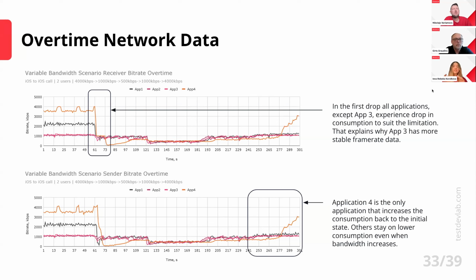And once the limitation dropped to 1 megabit, it was just too harsh of a drop, and it was below the needed bandwidth for consumption. So because of that, the application found it too harsh of a setback in terms of the bandwidth, and decided to optimize the call by dropping off the video and potentially maintaining the audio quality over the video.